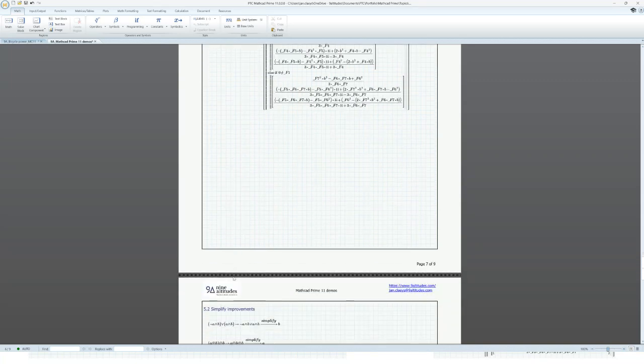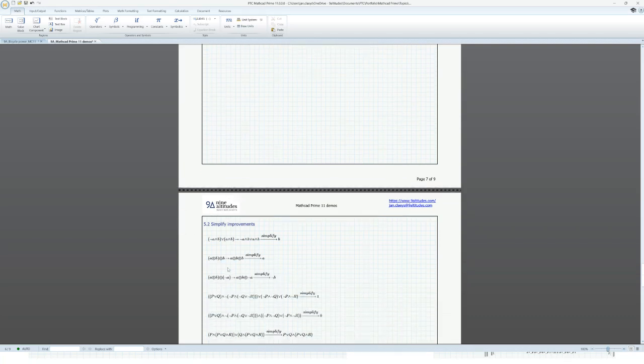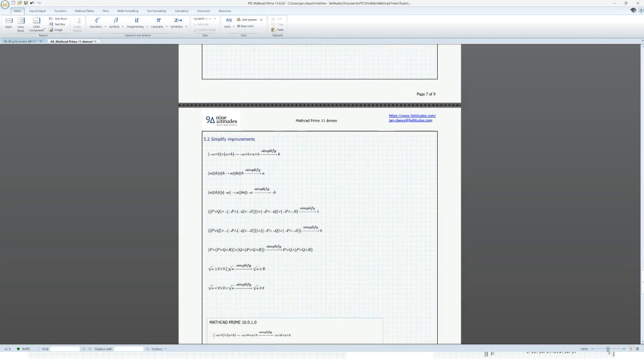Okay, we stay within the symbolic engine, and a small word about the simplify keyword. We can see that the simplify keyword has become a lot smarter compared to version 10.